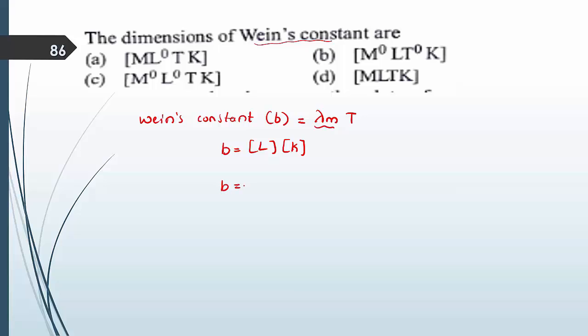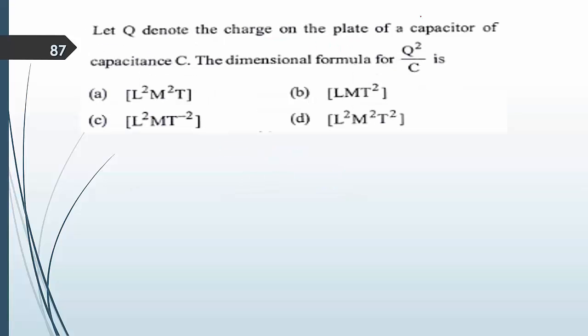So its dimension will be m raised to 0, L raised to 1, T raised to 0, K raised to 1. This is the dimension formula for Wien's constant. So the right option is option B.